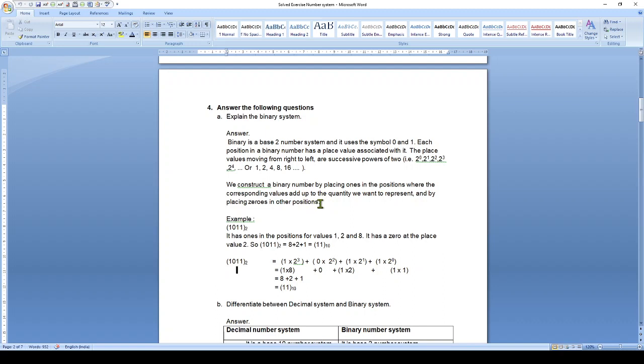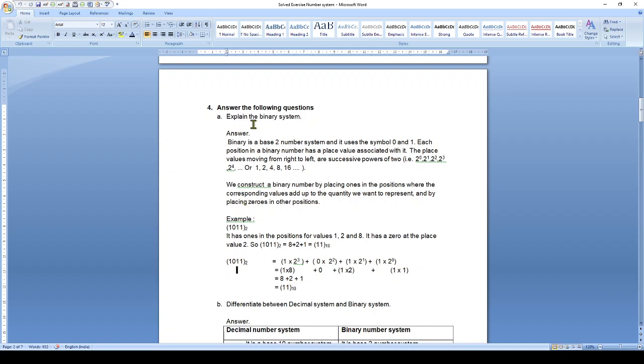So we placed a 0 in the position of 2 to the power 2, as we don't require a 4 in our representation after we have got 8. It will give us a greater value than we want. So we'll give a 0 in that place and we will give 1 in the places we want to get the respective value for the number, right?